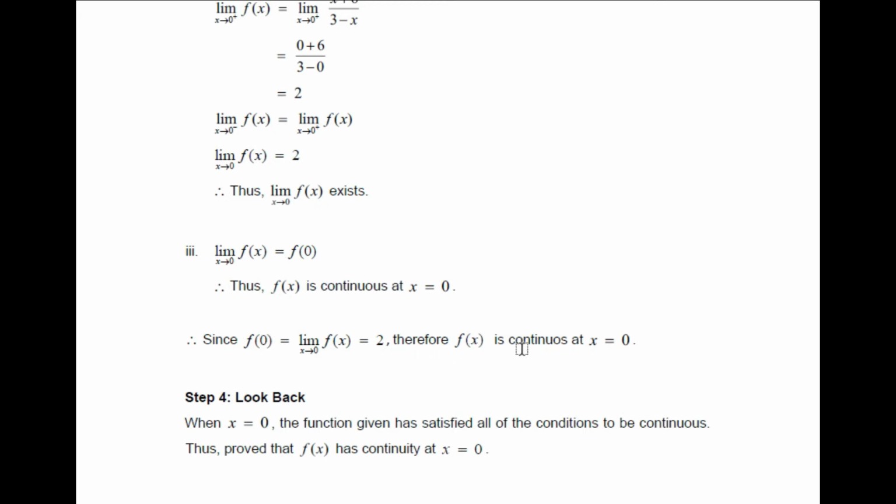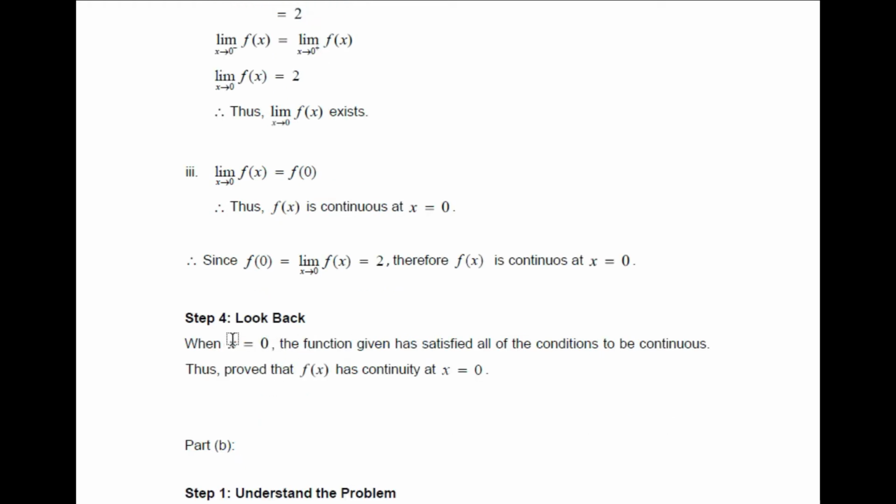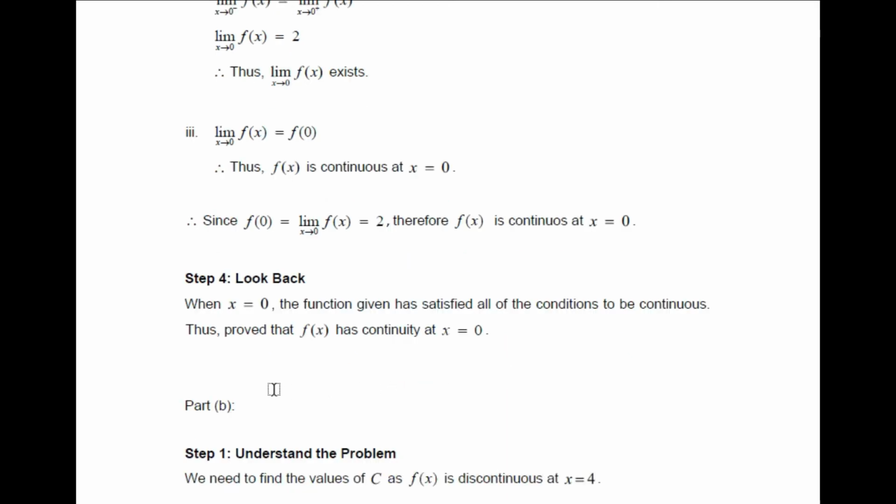Therefore, f(x) is continuous at x equals 0. So, to look back, when x equals 0, the function given has satisfied all of the conditions to be continuous. Thus, this proves that f(x) has continuity at x equals 0. So, that finishes part A.